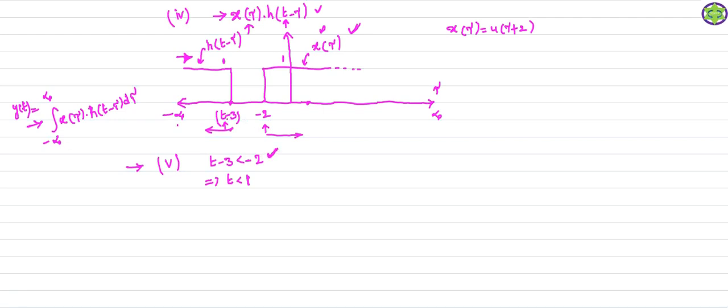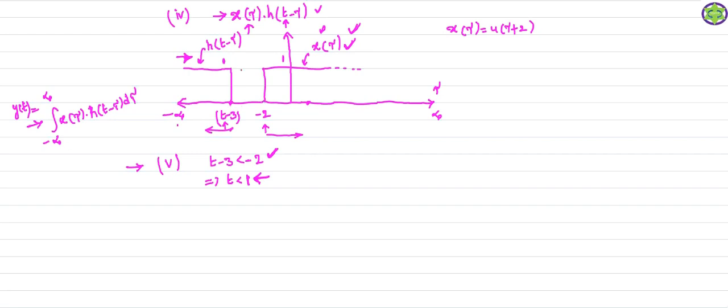The instant at which the signal h of t minus tau is defined is t minus 3. Whenever t minus 3 is less than minus 2, that means t is less than 1. So whenever t is less than 1, is there any overlap of h of t minus tau on x of tau? No, definitely not. There is no overlap because the signal is defined from minus 2 only.